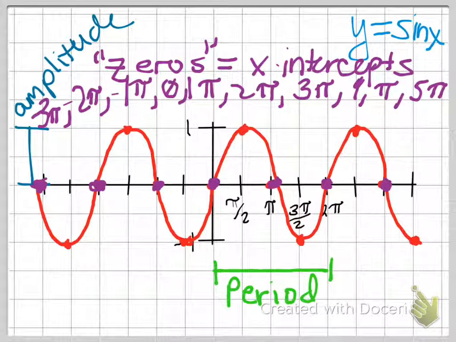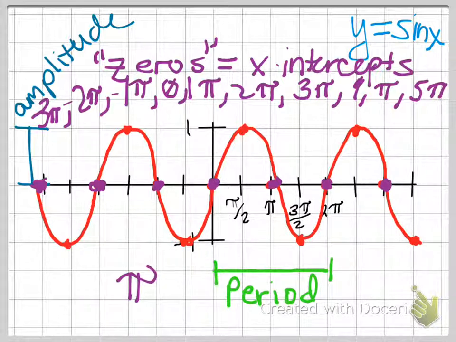It looks like there's an x-intercept at every pi interval where I have an integer in front of it. An integer is a whole number, positive or negative.